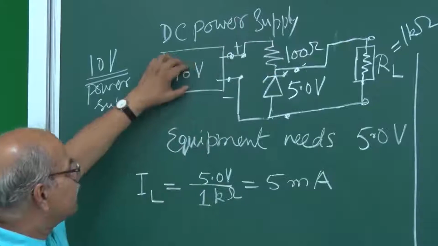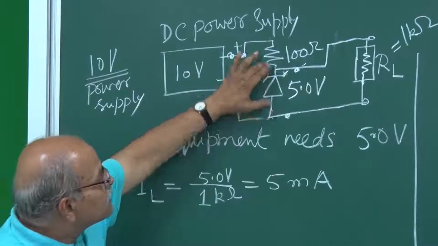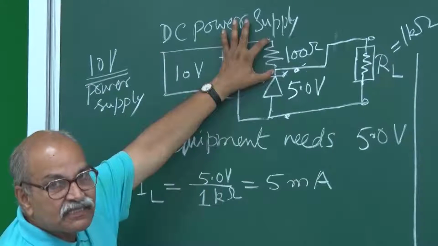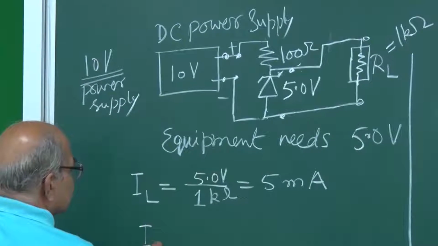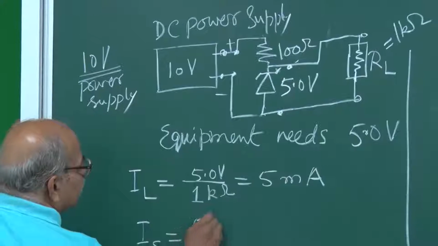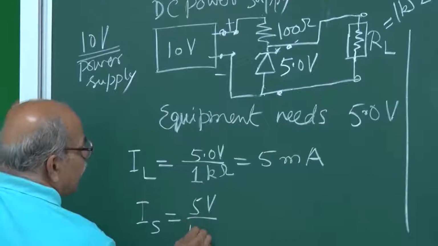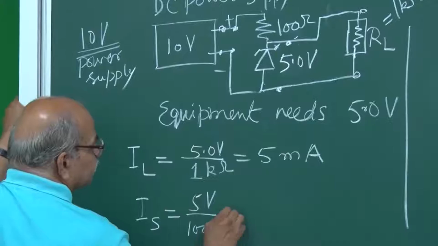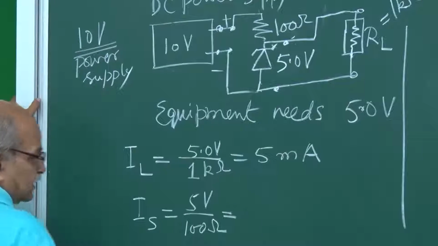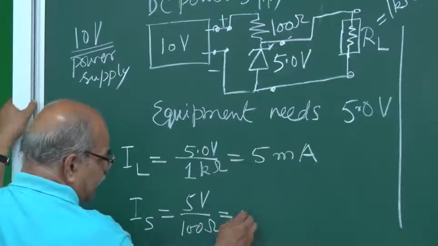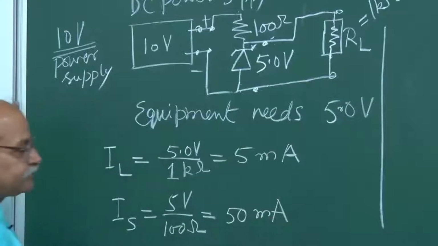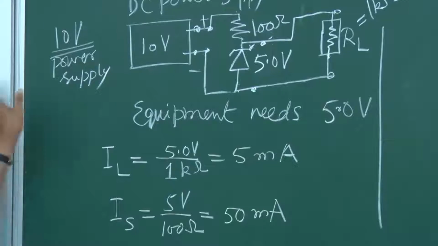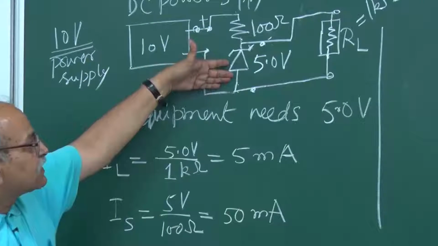Again, if this is 10 volts, this is 5 volts, this will be 5 volts. So what is the current here? Now IS is equal to 5 volt divided by 100 ohm. How much is this? This is 0.05 ampere, that is 50 milliamperes. And how much is the current from this Zener?